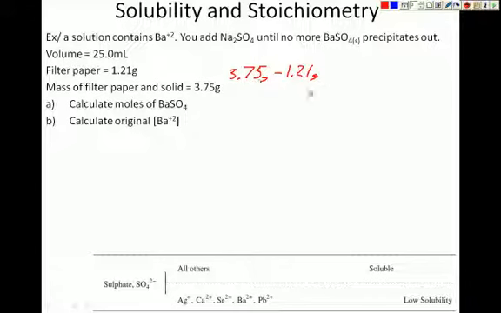Now we're going to convert this grams of barium sulfate into moles of barium sulfate. How we do that, we just use a little stoichiometry here, and we times this by 1 mole of barium sulfate is equal to, and I already calculated the molar mass of barium sulfate, which happens to be 233.4 grams per mole. So 3.75 minus 1.21, and then we divide by the molar mass in order to get the moles of barium sulfate.